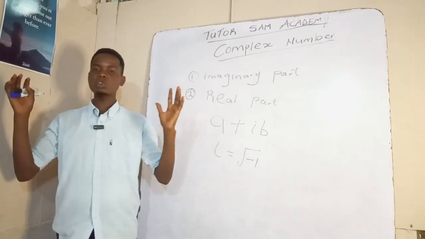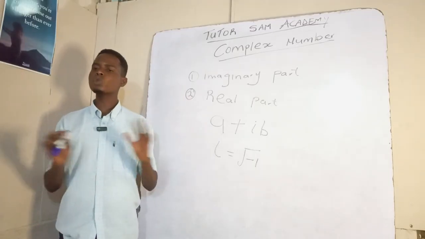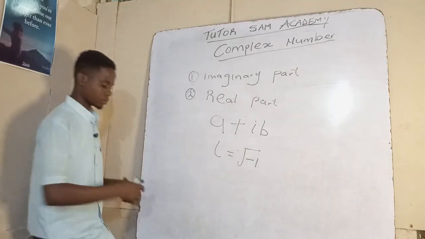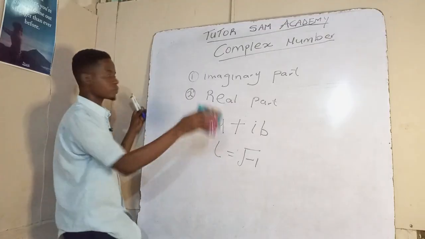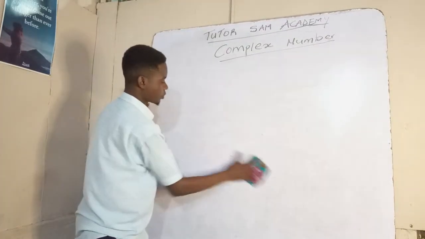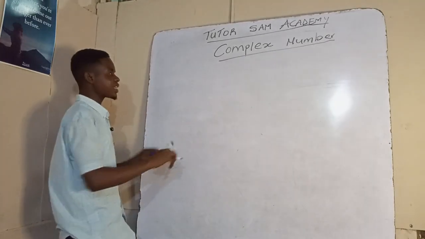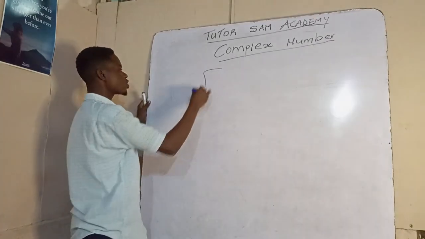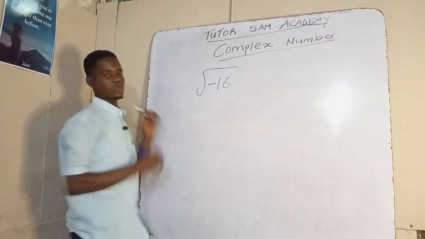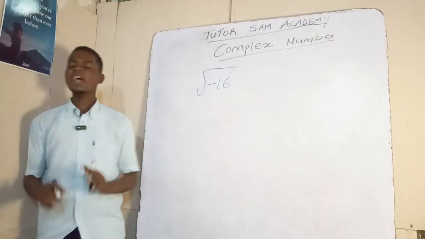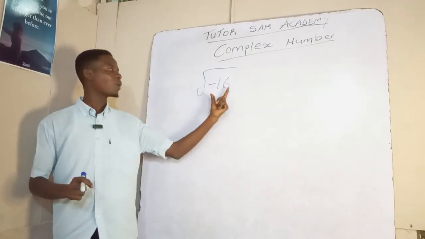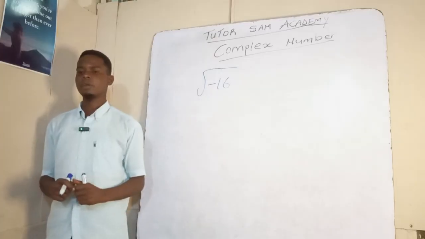Before the 16th century, it is very difficult for us to find the square root of a negative number, for example, square root of minus 16. Now, after the 16th century, we find a way of calculating the square root of a negative number.